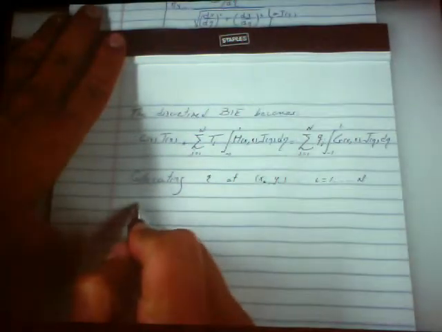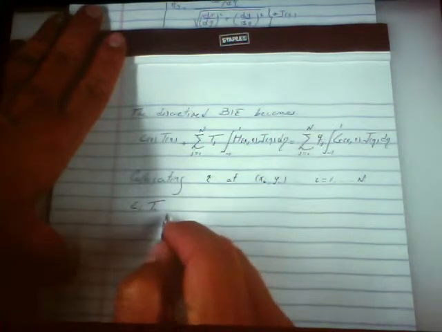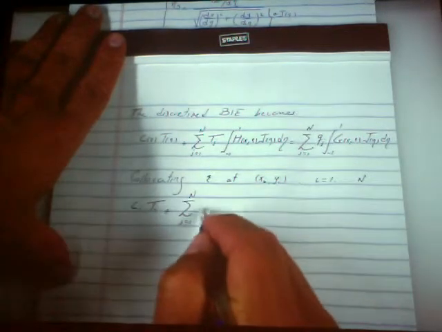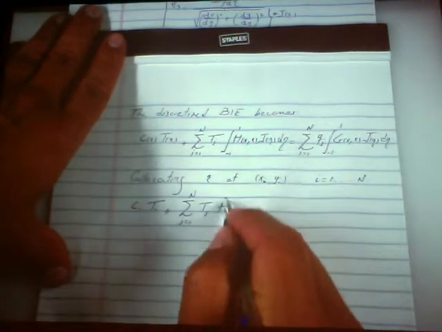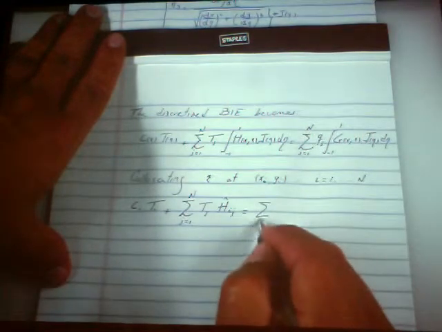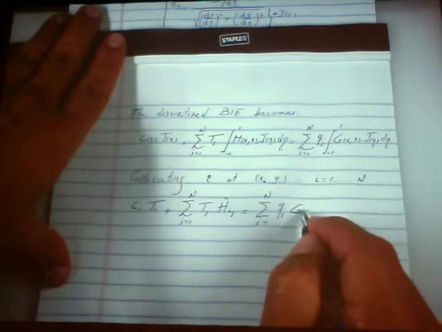So then we have Ci Ti plus a summation from j equal 1 to n of Tj Hij is equal to the summation from j equal 1 to n of Qj Gij.